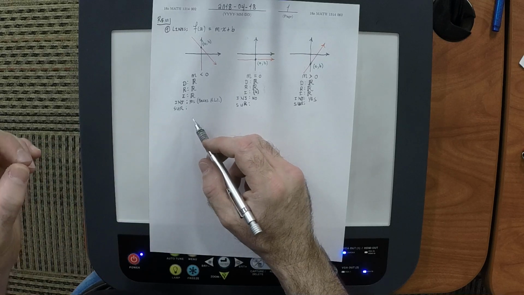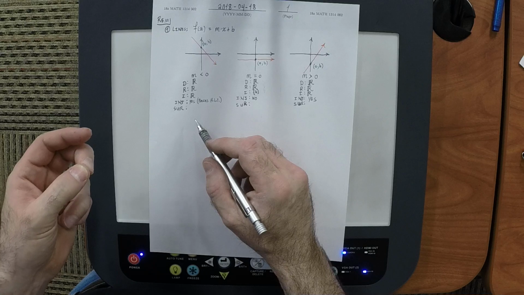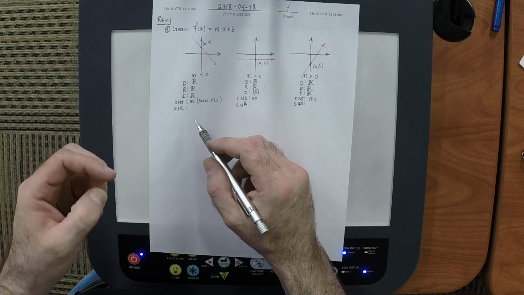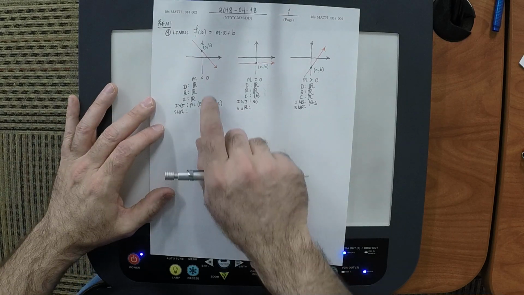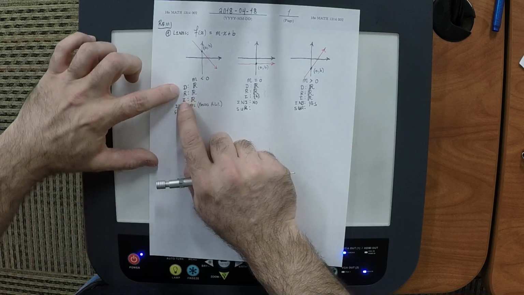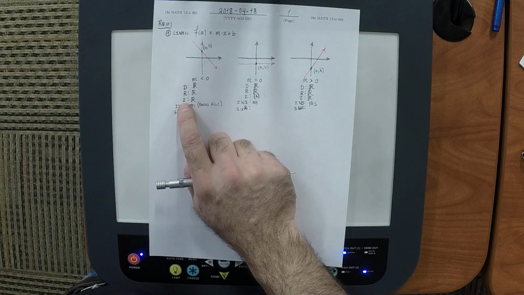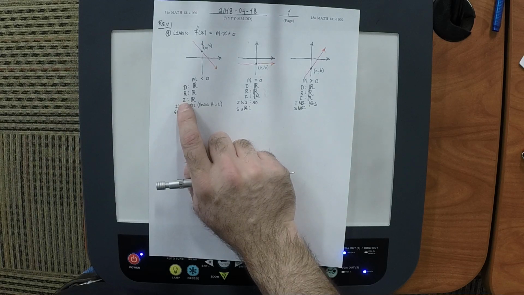The vertical line test answers the question of whether or not what we're looking at is a function. For surjective, that means the range has to equal the image. Is the range the image? Which is to say, is every item in the range achieved at least once?